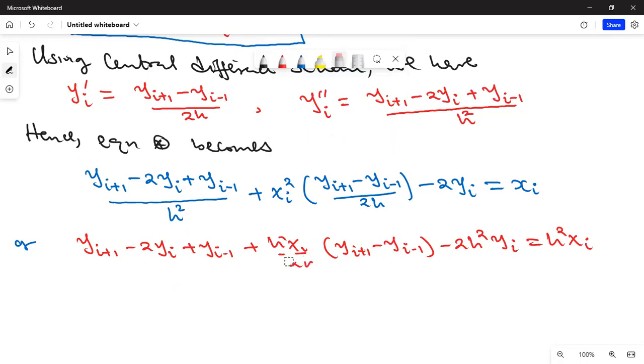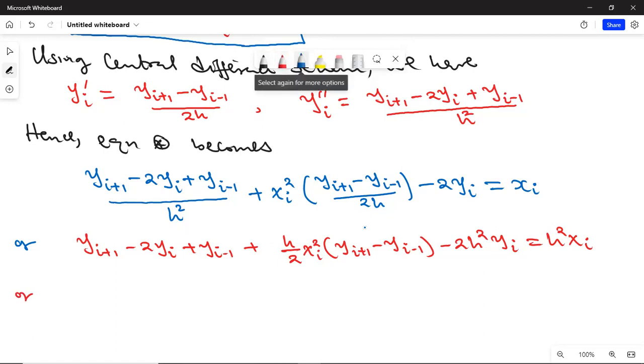So I'm going to rewrite it. h over 2 xi squared. And so I can now collect the like terms. Let us collect the like terms. We start with yi minus 1.